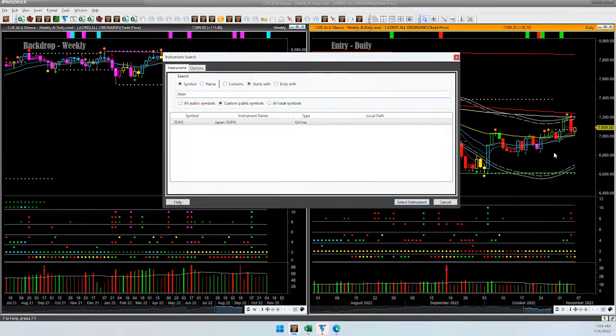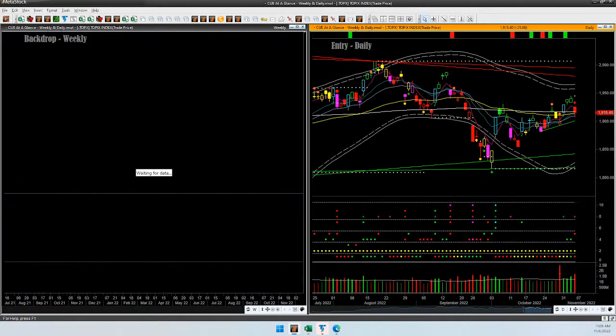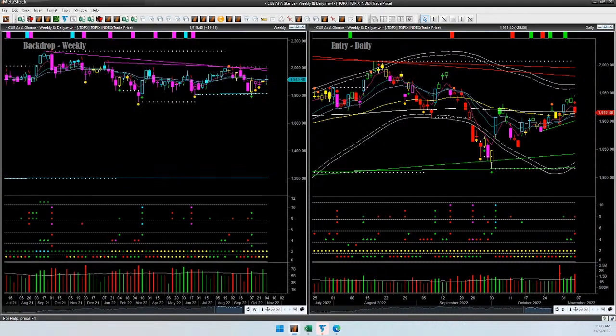Let's look at the next global market, Japan's Topix Index. Topix index is also moving sideways. However, in this case, it is not at the upper edge, it is right in the middle of the range. That is a no trading area.